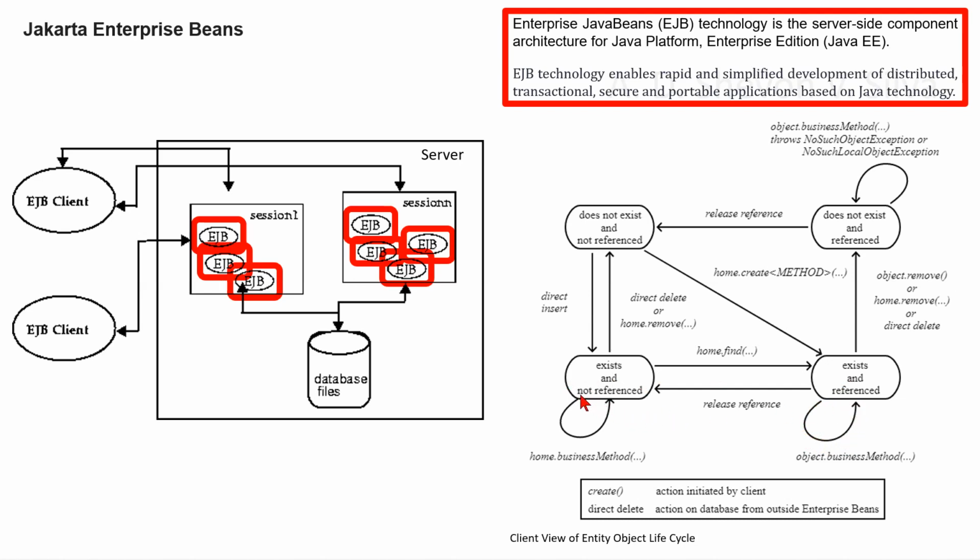Exists and not referenced is connected to itself via home.business method. Exists and referenced is connected to does not exist and referenced via object.remove method, object.home.remove method, or direct delete.